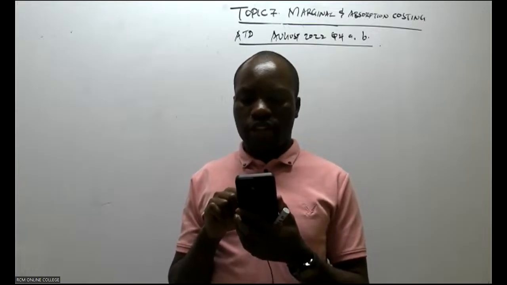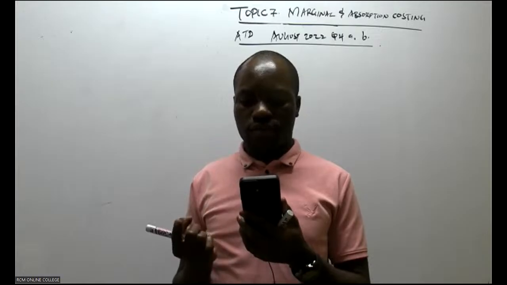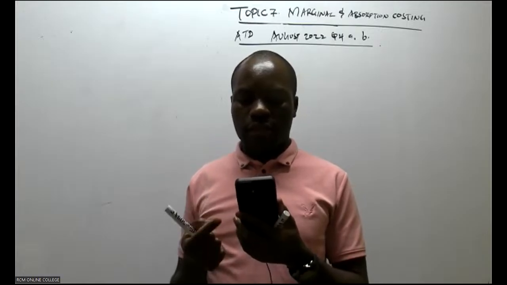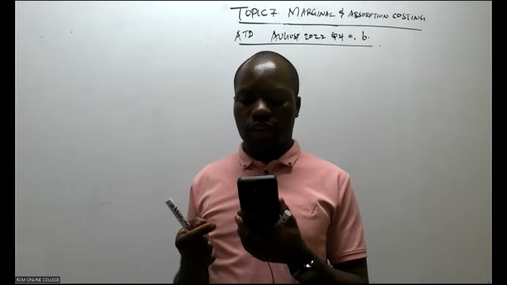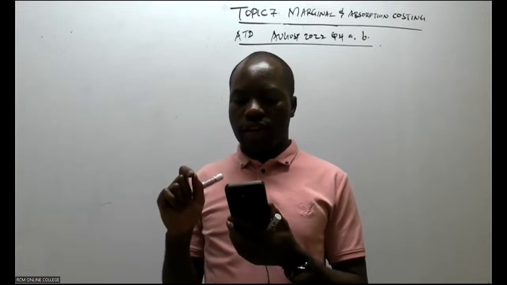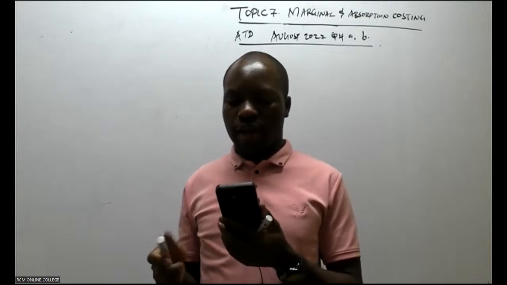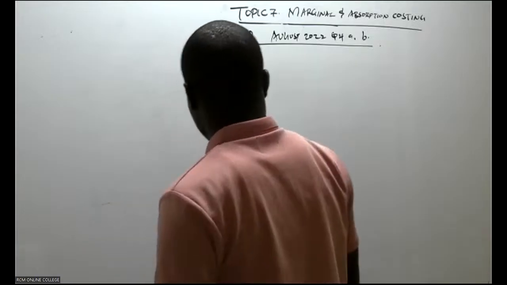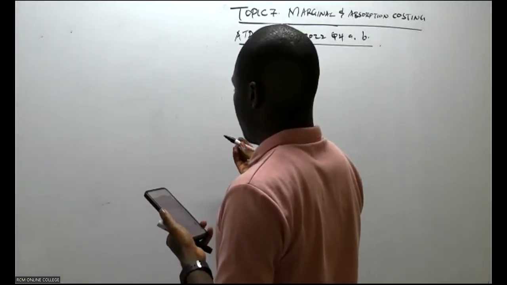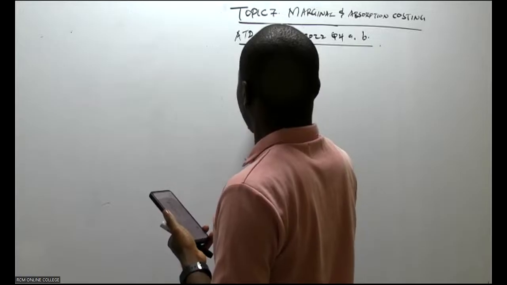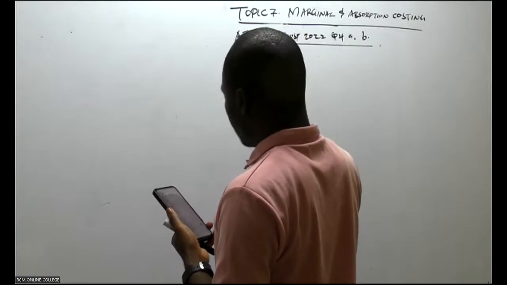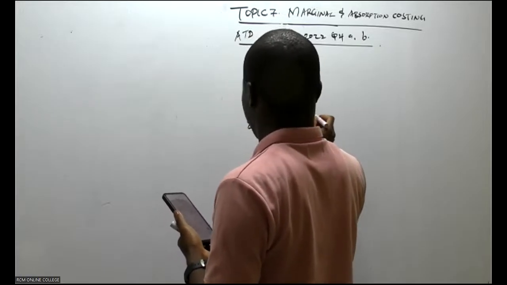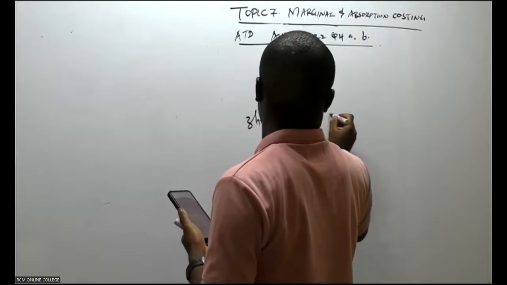The budgeted production cost per unit is as follows: direct labor, direct material, fixed production overhead. Now, the cost given there per unit, for direct labor, to interpret that, you're able to see direct labor, we have 3 hours at shillings 6 per hour.